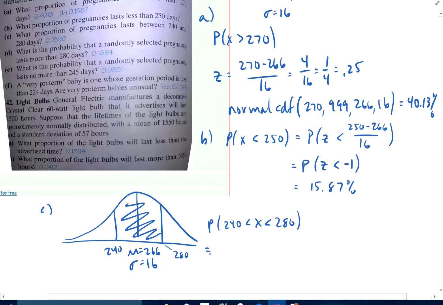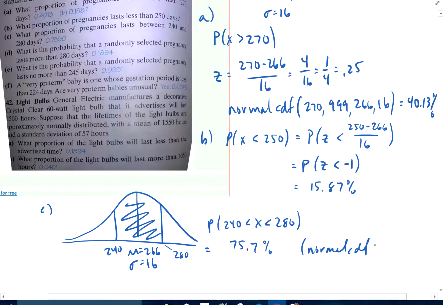And we can just do that directly on our calculator. So we'll do 240, 280, 266, 16, right? That's my normal CDF, and I get 75.7%.